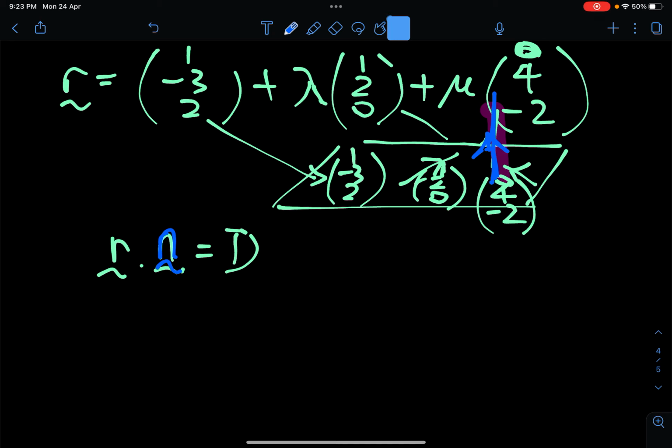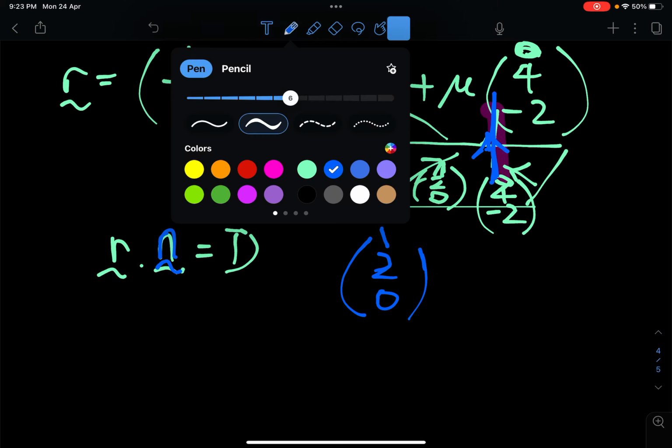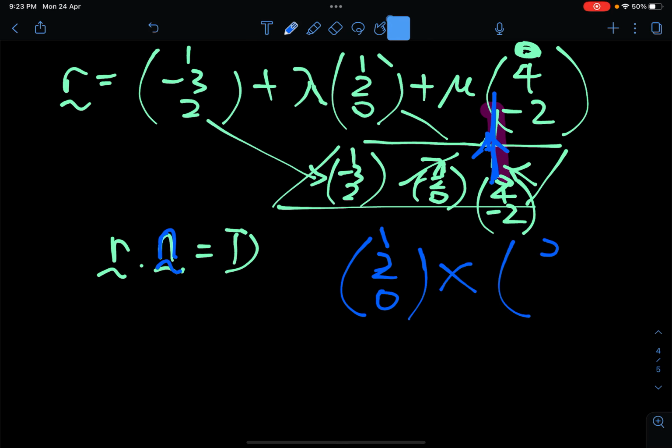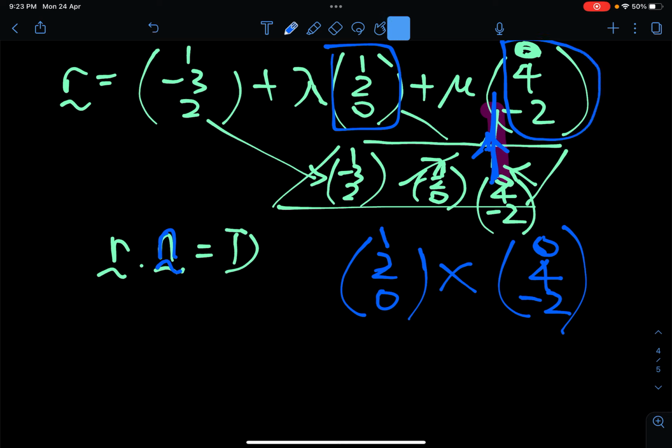So when you cross 1, 2, 0 and 0, 4, -2, you get a vector that is... I will record in a separate video the fastest way to cross two vectors, because in exams your speed is very important.